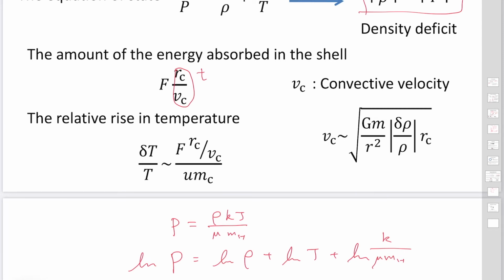The relative rise in temperature is the absorbed energy divided by the total amount of internal energy, which is U times M sub C. Then we can estimate the relative rise in temperature.